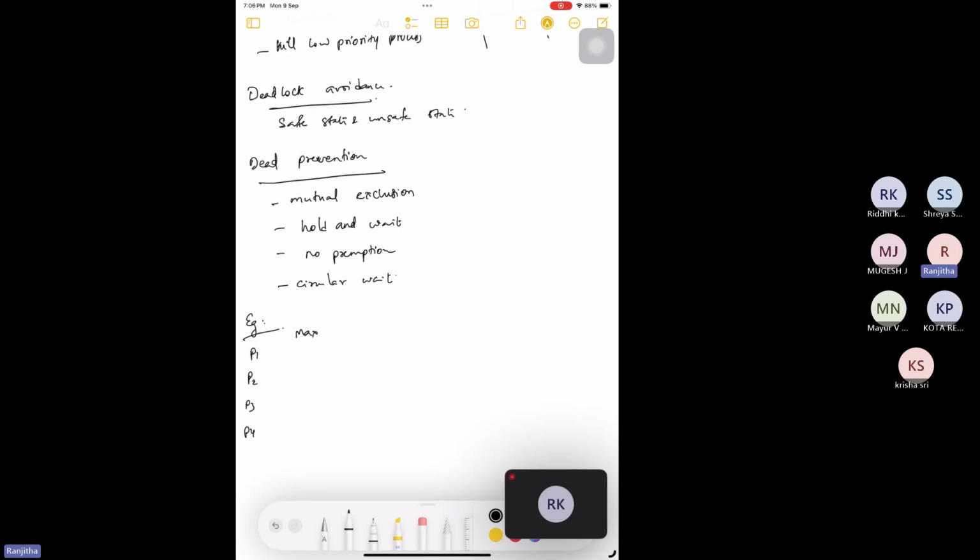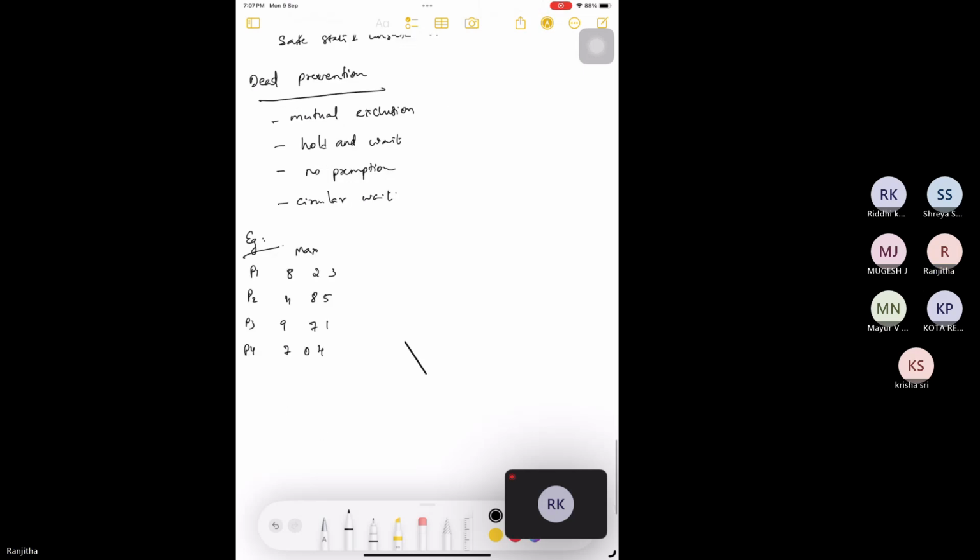The max allocation is 8, 2, 3, 4, 8, 5, 9, 7, 1, and 7, 0, 4.